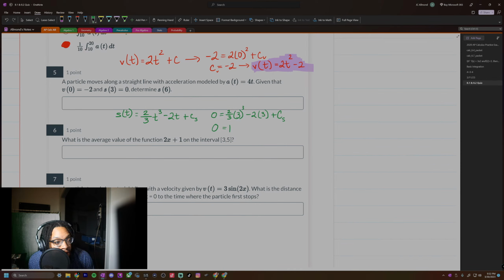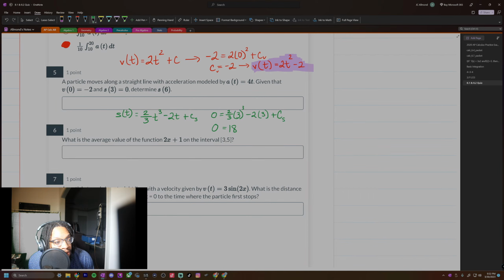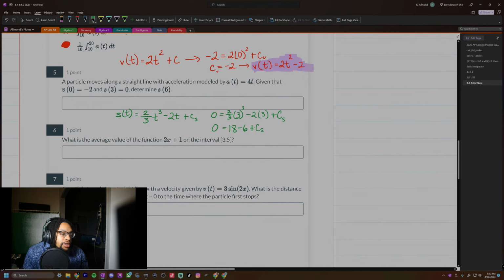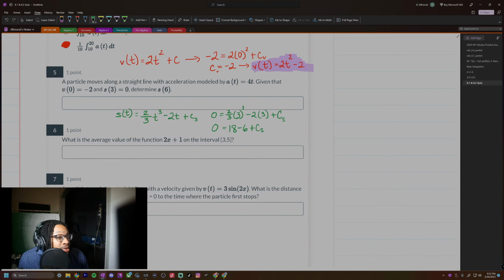Minus 6 equals, I'm sorry, not equals, plus c sub S. All right, so 18 minus 6 is going to give me what? 12. So 0 equals 12 plus c sub S, so my c sub S value should be negative 12. 12 minus 12 does equal 0.